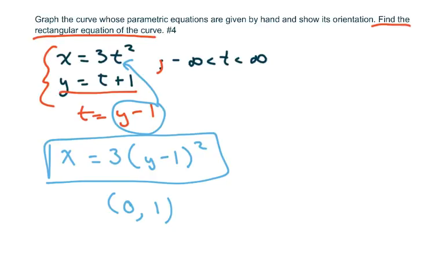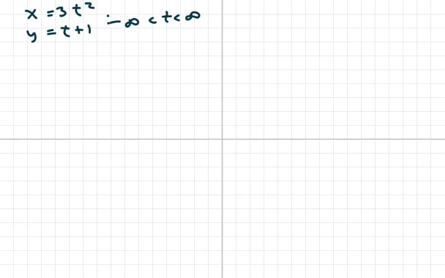And basically, I'm going to try to graph it based off that. So it's (0, 1). And then you're welcome to plug in some points and try to find the others. It goes down 1, 1. Basically, something like this.